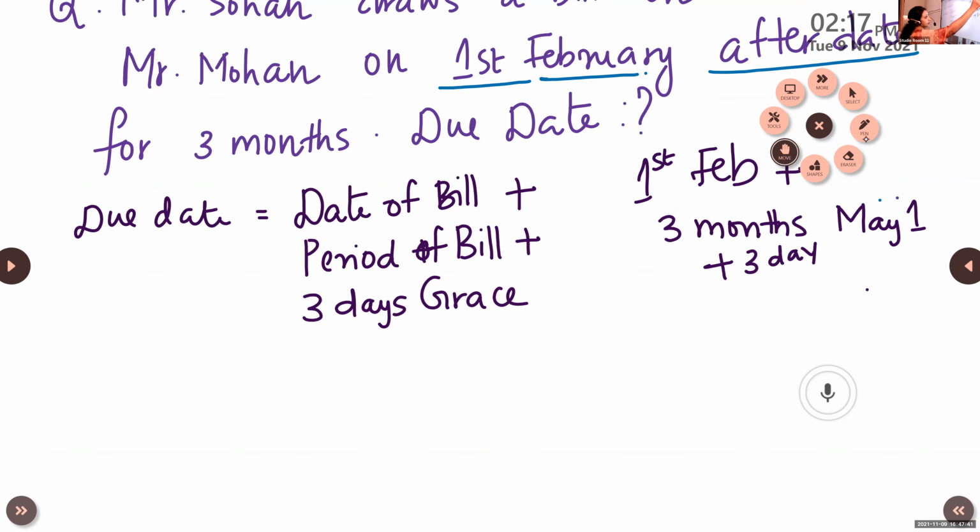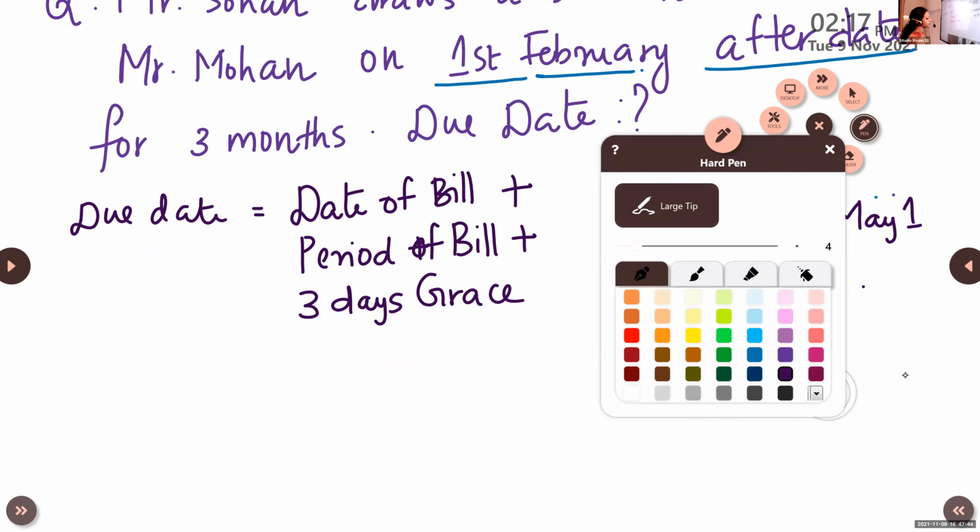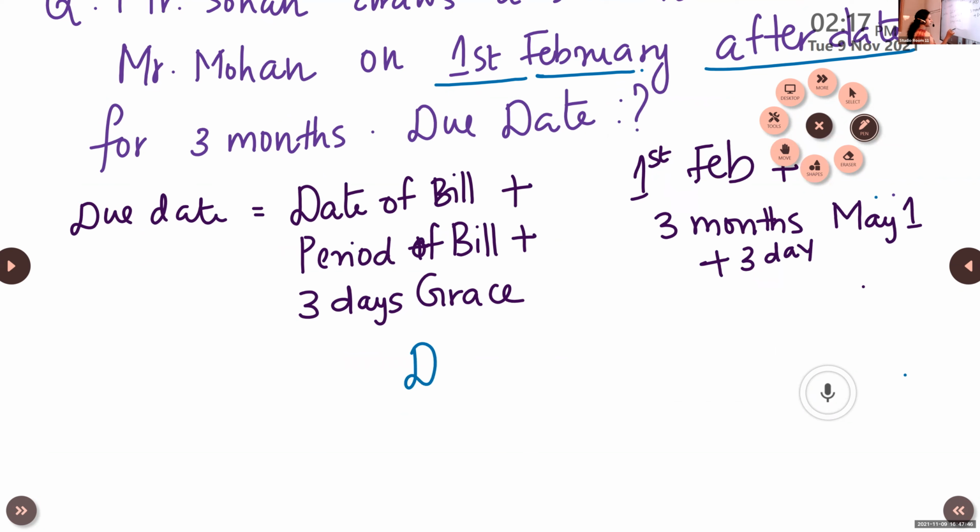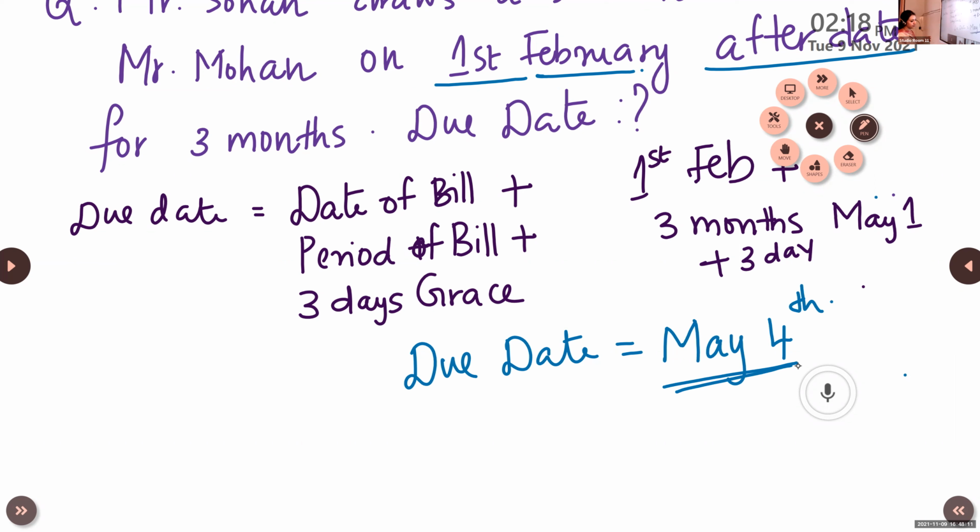So what is the date then? 4th May. Yeah, correct. May 4th is the date. So this is how we find out due date.